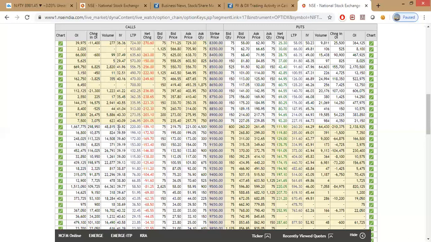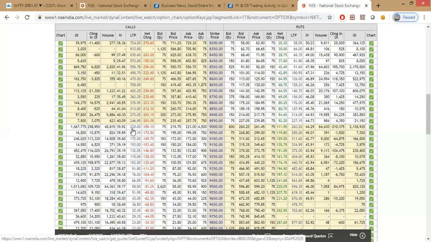If 30th April is the expiry date, it has a 40% probability of expiring at the 9000 strike price. Currently volatility is high, so most of them are showing around 40% probability, which is because of the high volatility.